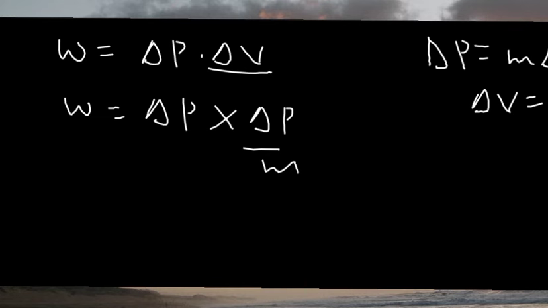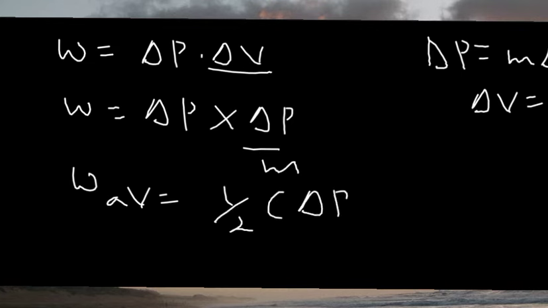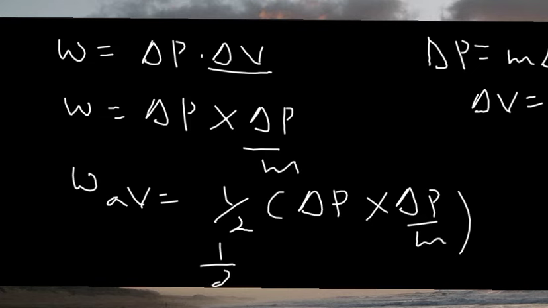For normal work done we get this, but for average work done it is equal to 1 over 2 change in momentum times change in momentum over m. This means 1 over 2m change in momentum, the whole square.